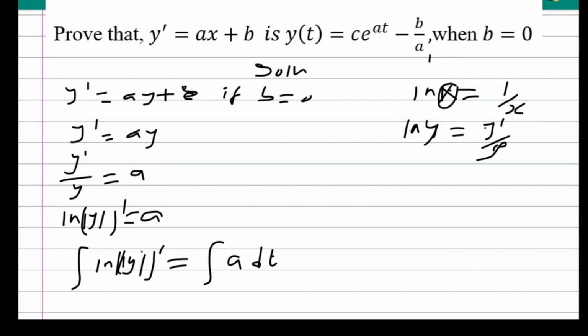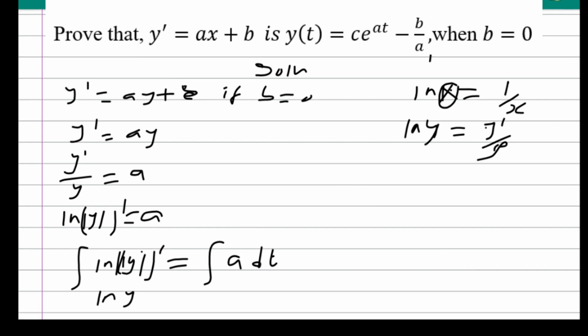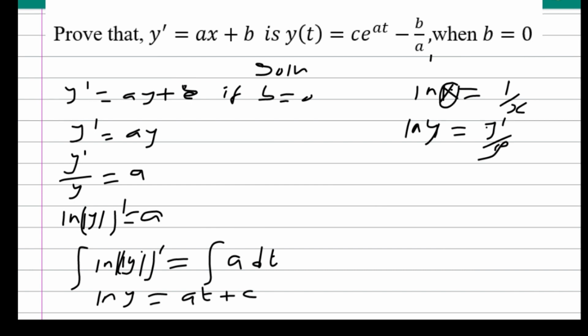Now, the integral of the derivative of ln y is going to give me ln y, because the integral sign is going to go with the differential sign over there, leaving ln y. And this is equal to the integral of a with respect to t, which will give me a t plus a certain constant c.